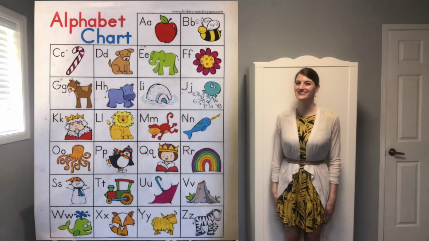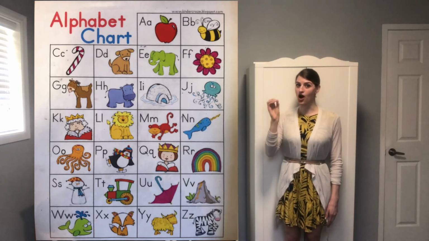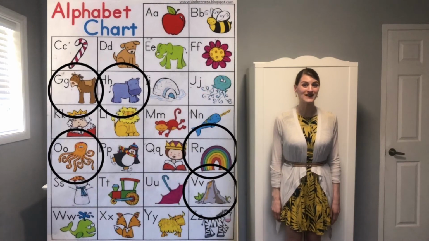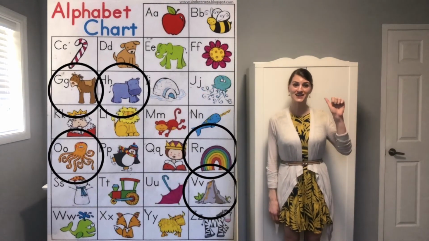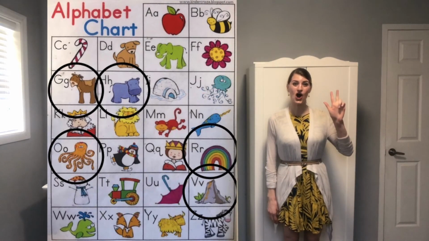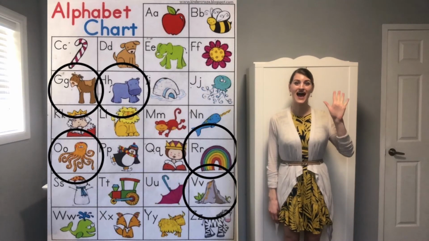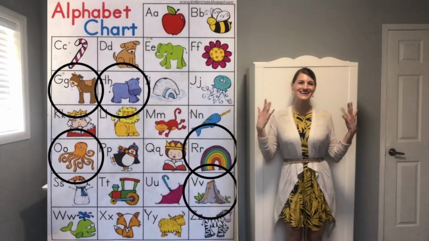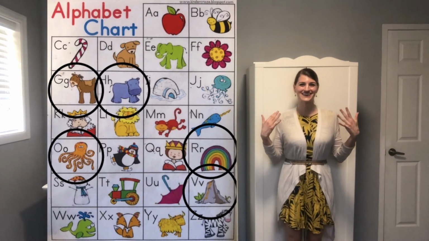Point to the letter that sounds like ah. If you pointed to the letters G, H, R, V, and O, you got them all right. Give yourself some shine.